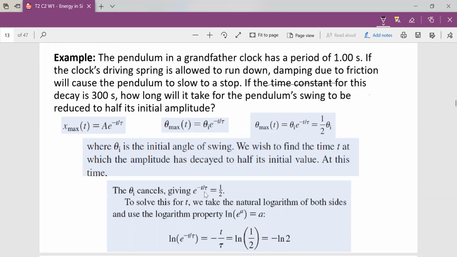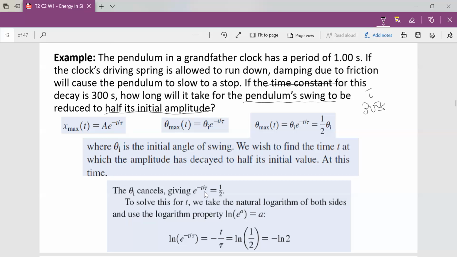If the time constant for this decay is 300 seconds, remember what time constant is, tau, right? How long will it take for the pendulum swing to be reduced to half its initial amplitude?